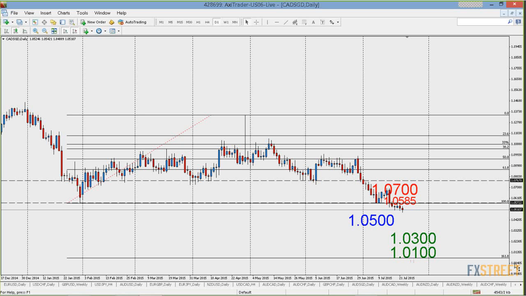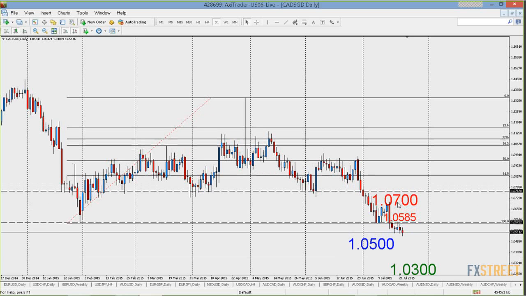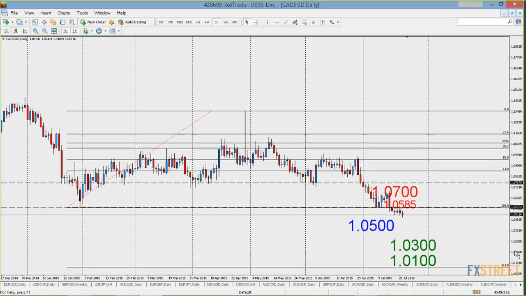So the real reason I went for 103 is because I'm risking 200 pips. I'm going for a 1-to-1 trade here, right? And then the real reason why I added another 200 pips here, going for 2-to-1, is essentially because it's a 161.8 extension, and it's a round number. So ideally, they would line up.